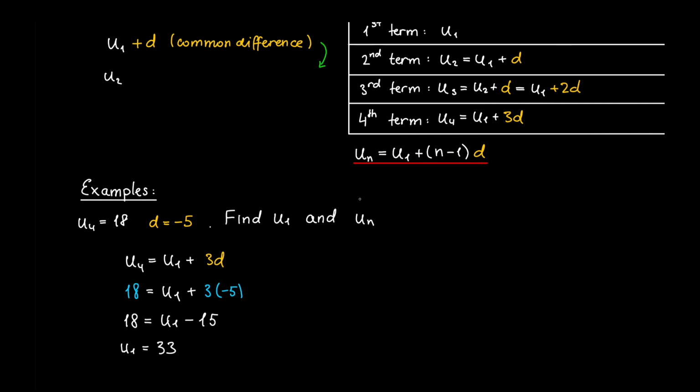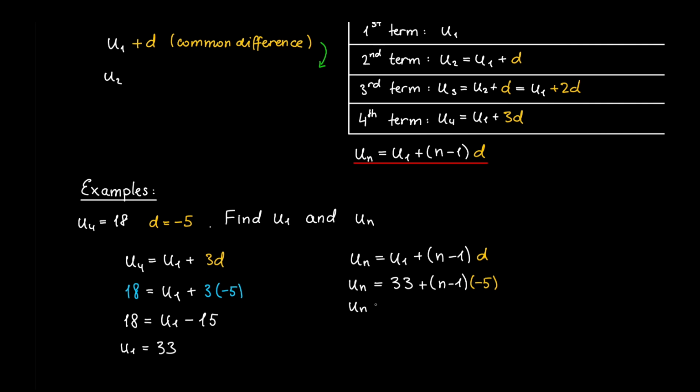And then I need to find the general formula for the general term un. So un is equal to u1 plus n minus 1 times difference. Now I can plug in the numbers I know. un is equal to u1, which we calculated 33, plus n minus 1 times the common difference, which is negative 5.